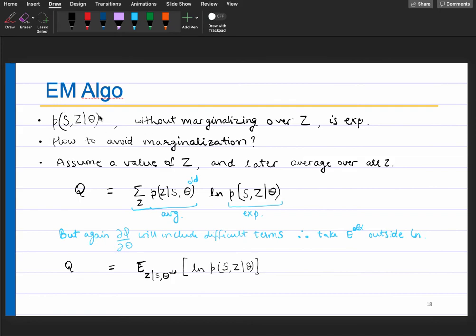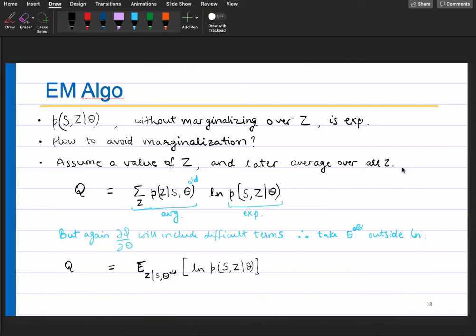This term is exponential, so I can very easily optimize my thetas. Analytically I can solve it very easily because there are no summations inside the log term. But I do not know z, so what do I do? Assume a value of z, assume some value of cluster assignments, and later average over all z.